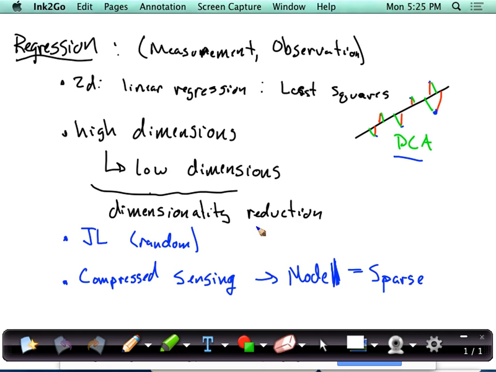You can again think of these as dimensions, and you're saying there are only a few dimensions which actually affect my data. And so it's trying to pick out these dimensions.